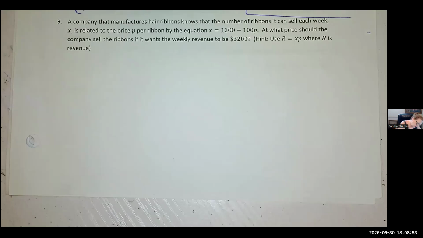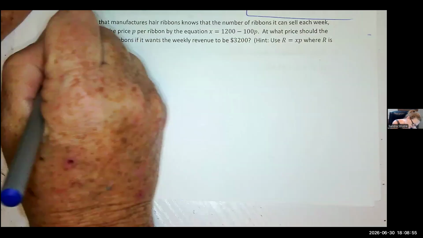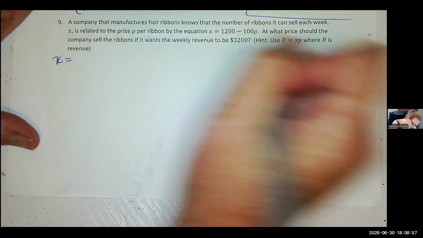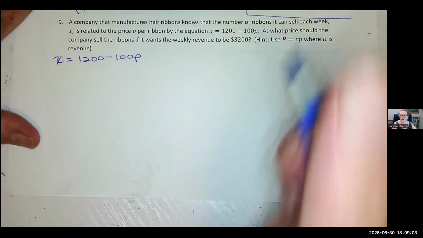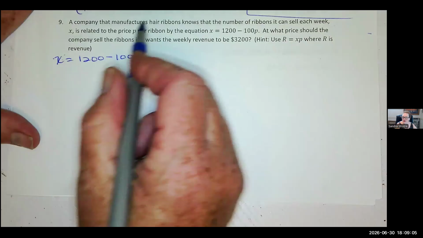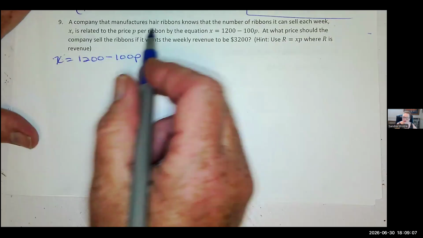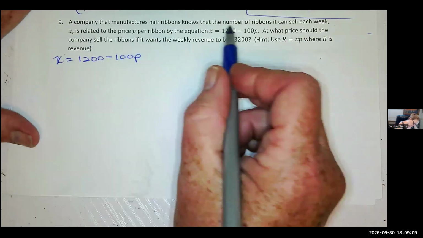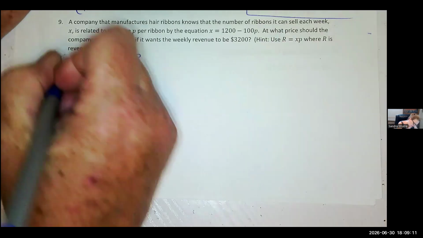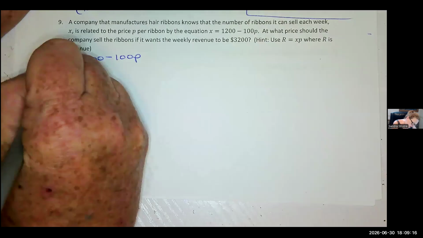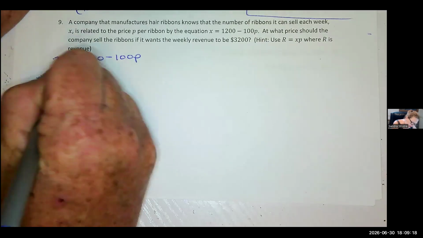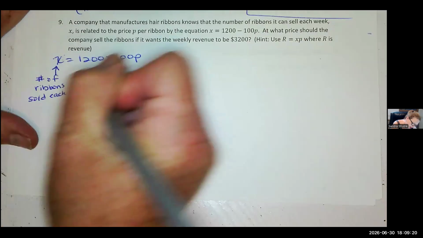You need to understand what the variables are. If I write it down now, I don't have to go back and reread that first sentence again. So the number of ribbons sold each week is x. P is the price per ribbon.